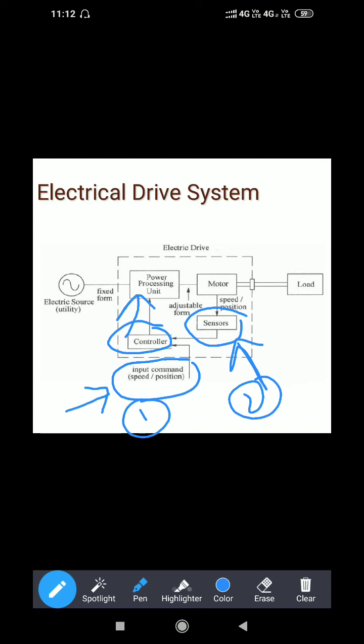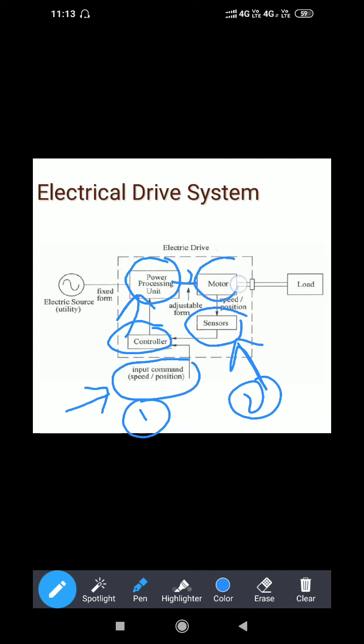Then according to the error signal, this power processing unit processes the power, or changes the magnitude of electrical power, in terms of voltage, and gives it to the motor, and according to this power, the speed of the motor will change. In this way we have studied all these parts of the electrical drive system.